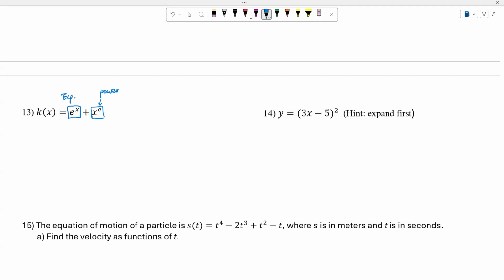So therefore, if I want to take the derivative, k prime of x, for the exponential function, I know that I will have e to the x here. And now for the power function, I remember that I need to bring the power down. And then I subtract 1 from the power. That's it. So this is my answer.